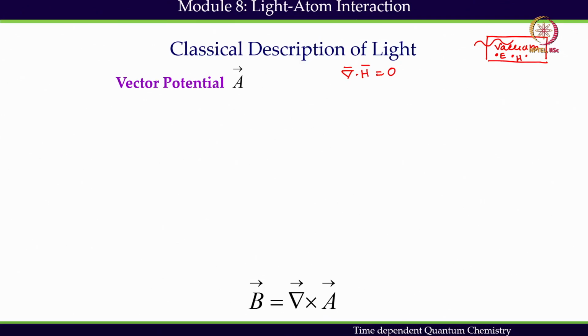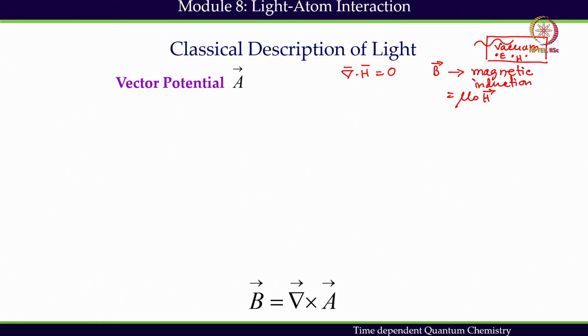And because the divergence is 0, one can also write, even in the vacuum medium, that we should represent this magnetic field more appropriately in terms of B. That is called magnetic induction, which is nothing but mu naught H. That's another more appropriate way of presenting the magnetic field in the medium.